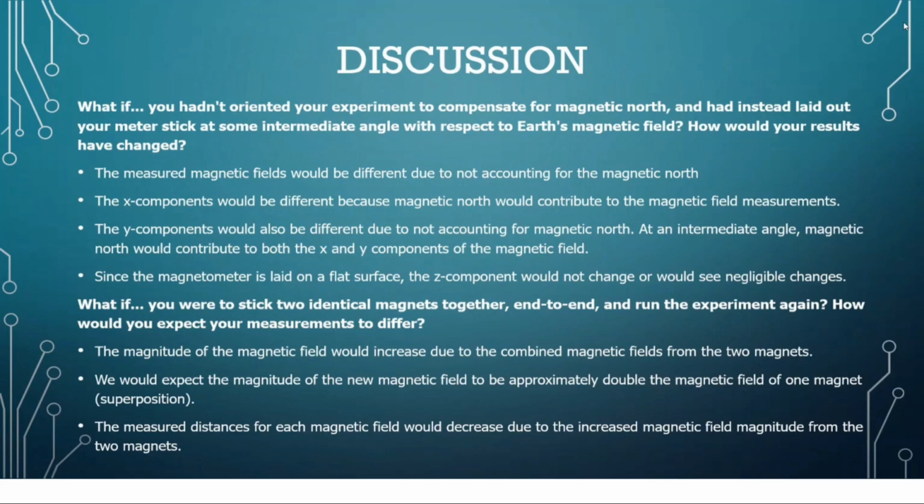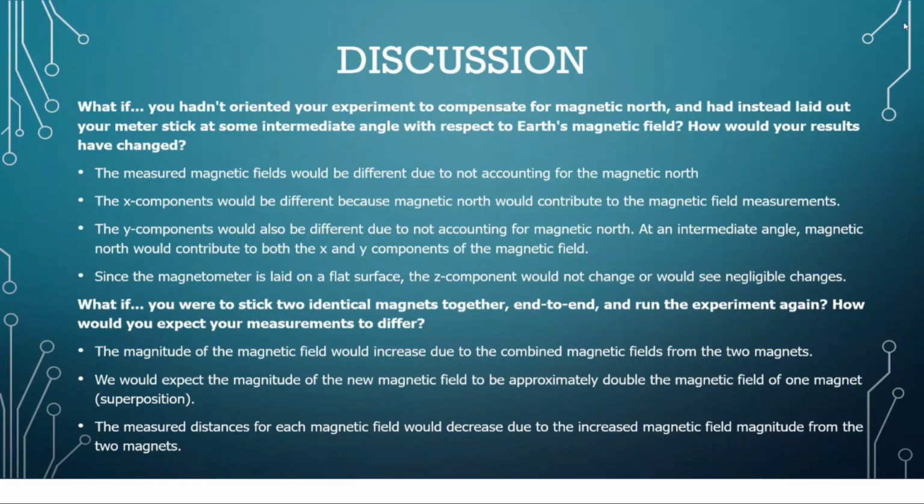So if I hadn't oriented my experiment to compensate for the magnetic north and had instead laid out the meter stick at some intermediate angle with respect to Earth's magnetic field, the measured magnetic fields would be different due to not accounting for the magnetic north, because the X components would contribute to the magnetic field measurements, and the Y components would not account for the magnetic north.